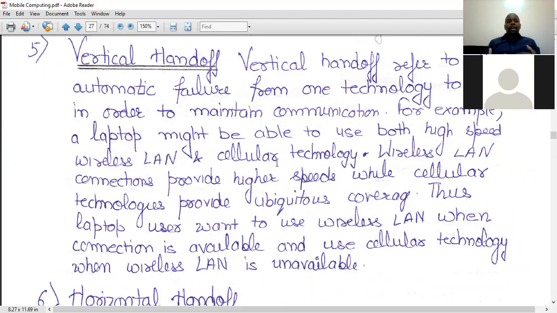Okay, so when that happens, it's called a vertical handoff from one technology to another. Are we together? Like from laptop using wireless LAN to laptop using hotspot tethering. That is vertical handoff, because the wireless LAN is using a different frequency, the hotspot tether is using a different frequency. Okay, that's called vertical handoff.